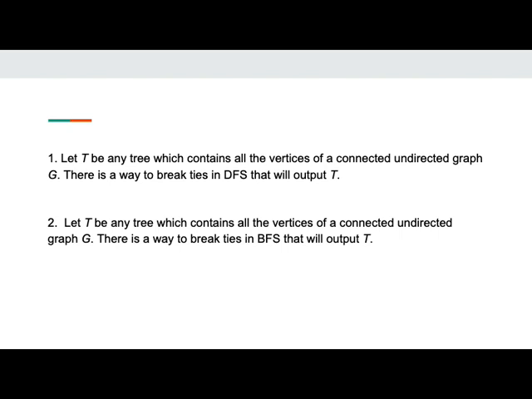Suppose my graph has 4 nodes, and I can create a tree like this. This is a valid tree, but if my original graph with these 4 nodes is a complete graph, then when you run the DFS algorithm on it, it will always give you a path.